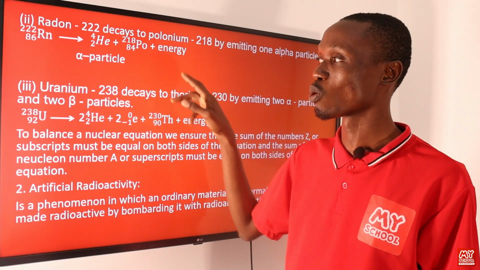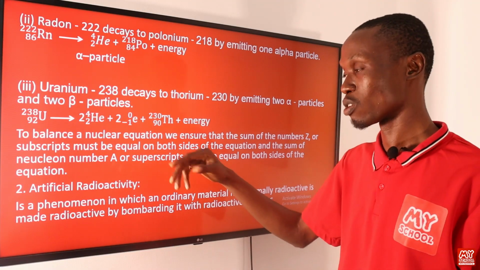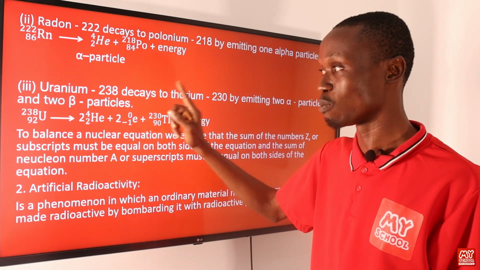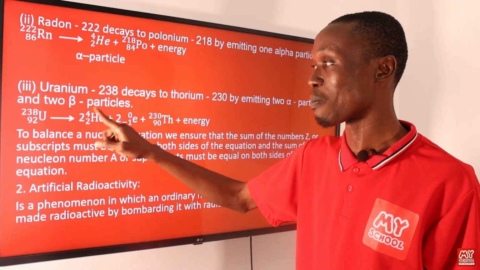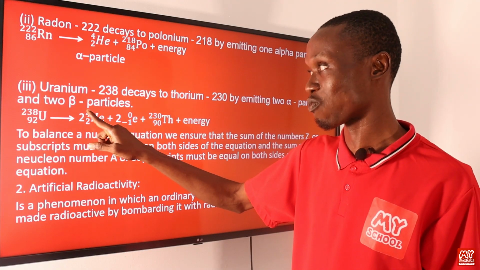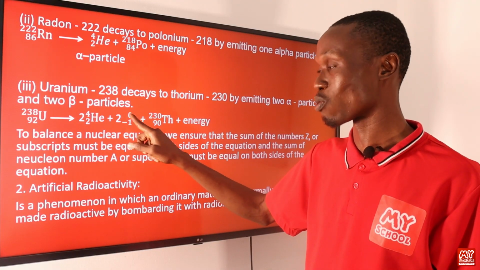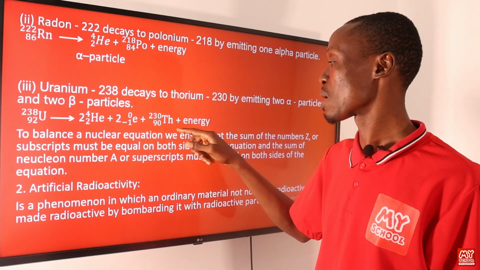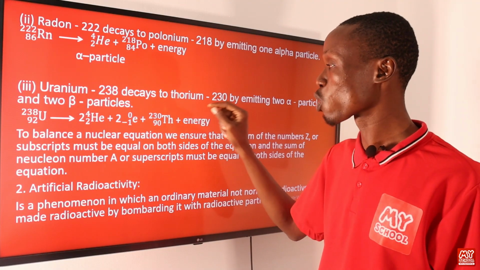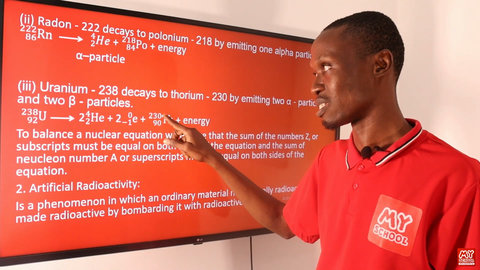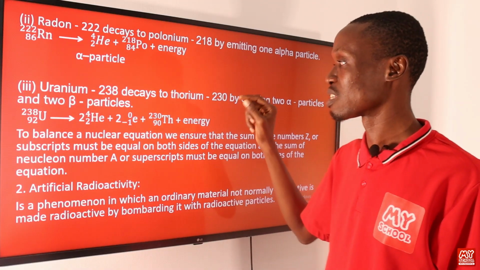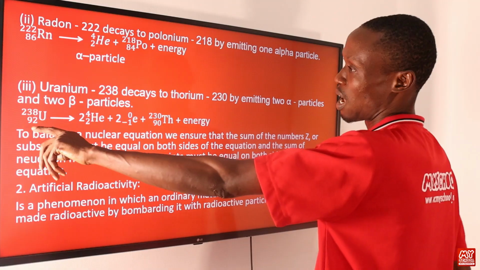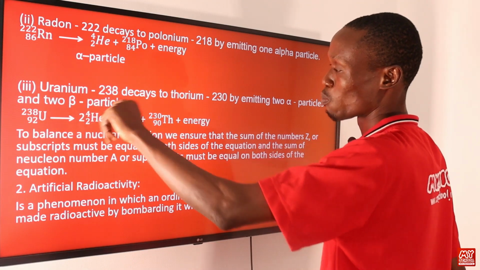In this case, the mass number for the helium is actually 8, because this 2 is affecting every number in front of it. So 2 times 4, that will be 8. Then 2 times 0, that will be 0. So 8 plus 0 is 8, right? Now remember that the nucleon number of thorium is 230. So 8 plus 230 equals 238, which is the same thing as that of uranium-238.